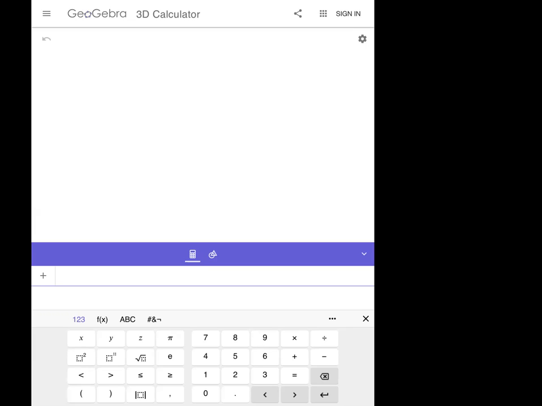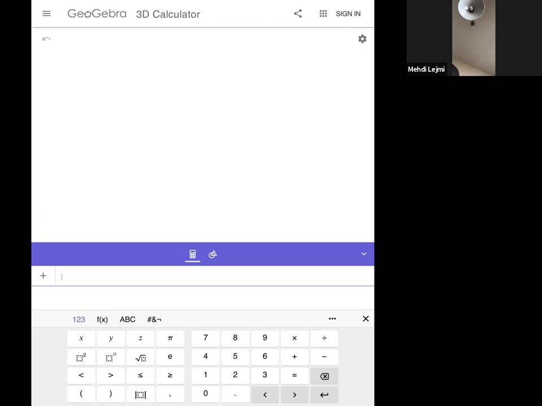Okay, that's good. So for example, let me graph this. We want to graph z, right? z equals 4 minus x squared, right? Minus y squared, right?